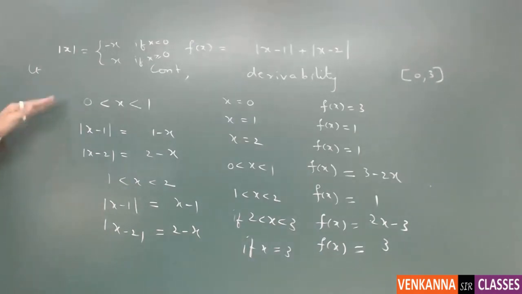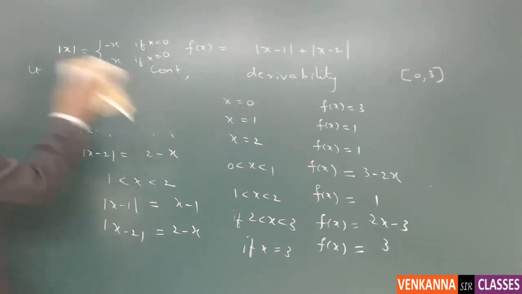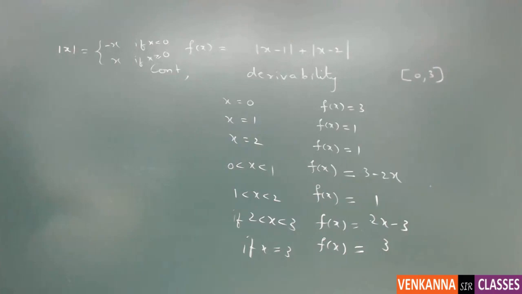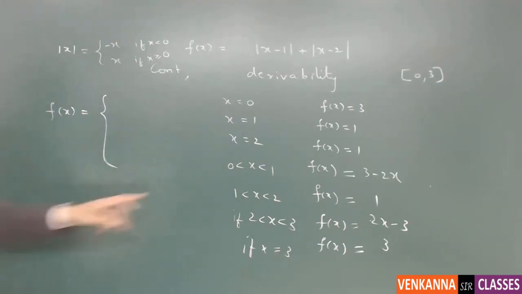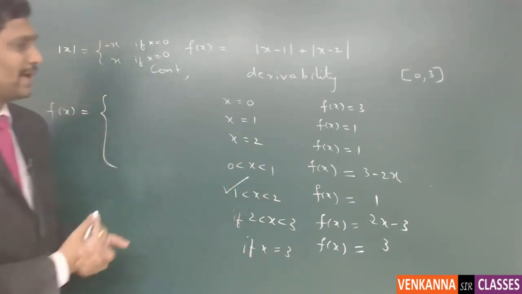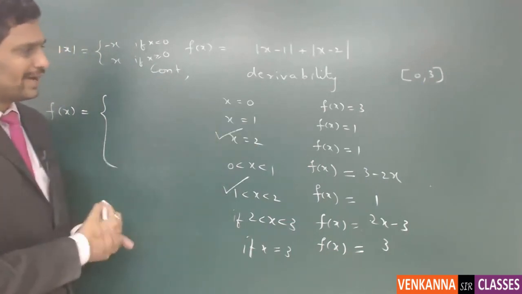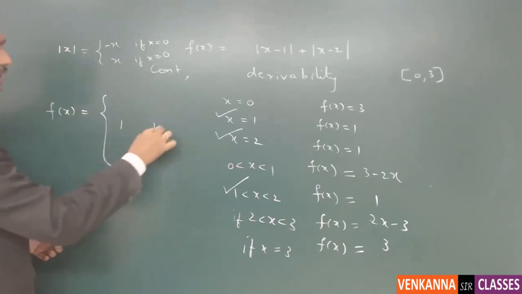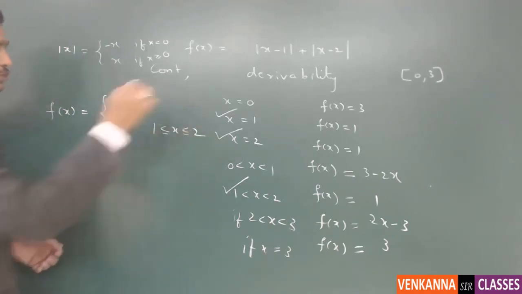Now let us go with calculating the limits as well as the derivatives. So if we consolidate the total f of x values, then 1 less than x less than 2, value is 1, x is equal to 2, value is 1, x is equal to 1, value is 1. So its value is 1 when 1 less than or equal to x less than or equal to 2.